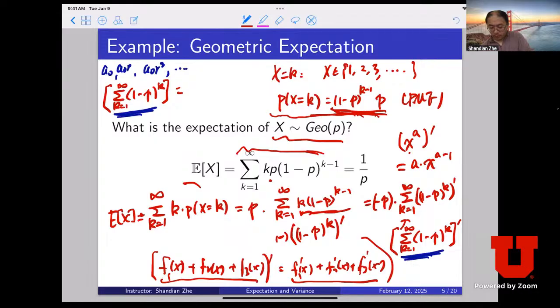The first term is 1 minus p. Then 1 minus the ratio to the power of the number of terms. Here we have an infinite number of terms. And then divided by 1 minus the ratio, which is 1 minus (1 minus p).